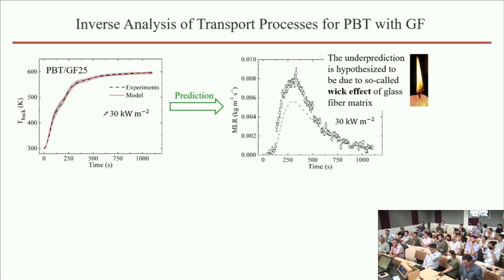Basically, whenever the material recedes, the glass fiber actually remains in a fixed scaffold. It kind of acts as a char, although it's not a char in a conventional way. So if you take that into account, the material recedes far enough that at some point the temperature on the back does not get hot enough for this material to fully decompose. So in the model, you end up with undecomposed material, whereas in reality, all material fully decomposes.